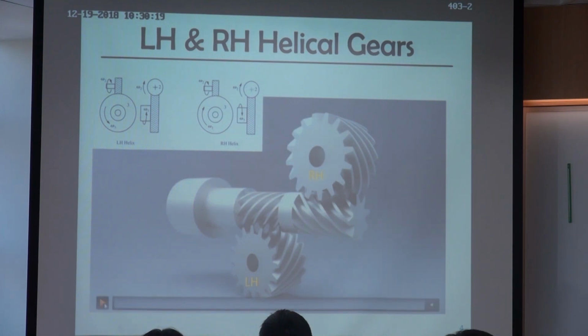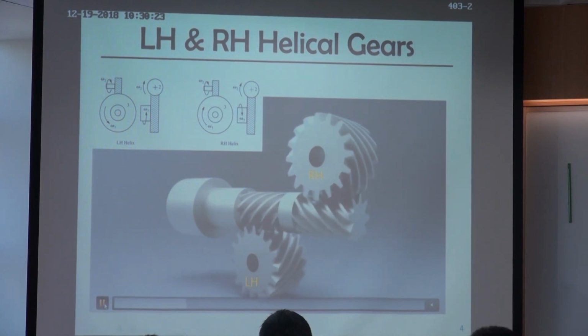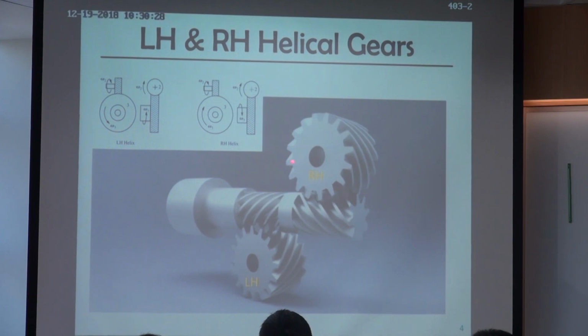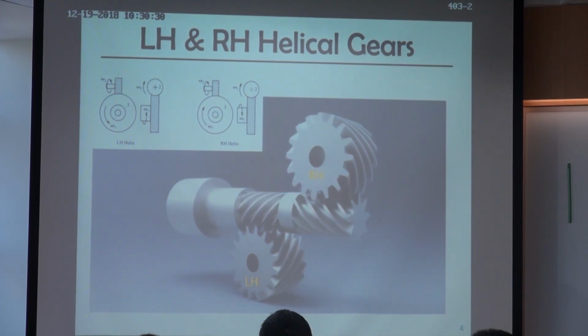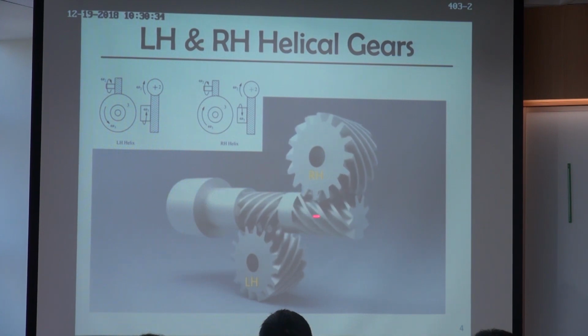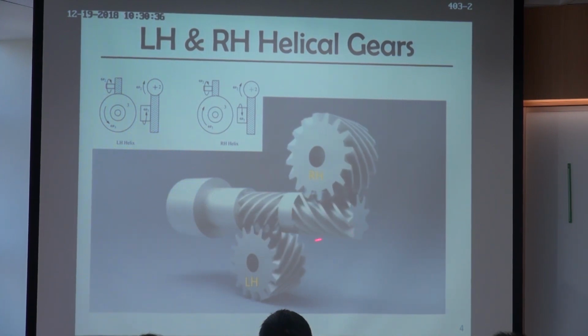So when it's rotating, it looks like this. The input shaft and the output shaft are perpendicular. You're probably confused: how can I distinguish which one is right hand and which is left hand? Well, the basic idea is the everyday screw. I think most screws are right-hand screws.